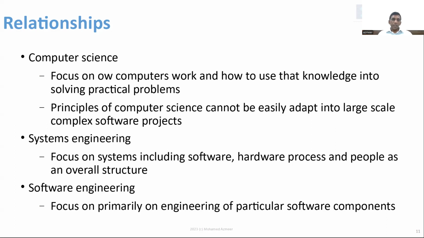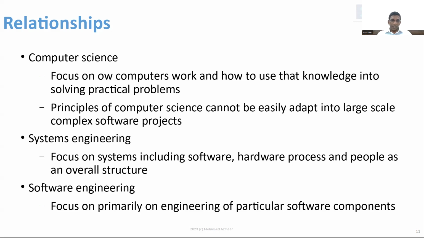The science of computers, or the principles that we are talking about in computer science, generally cannot be used to discuss complex software applications, right? There is a limitation on computer science. So we need to know computer science, but we can't build large-scale computer applications only knowing computer science, right? We need other things also.